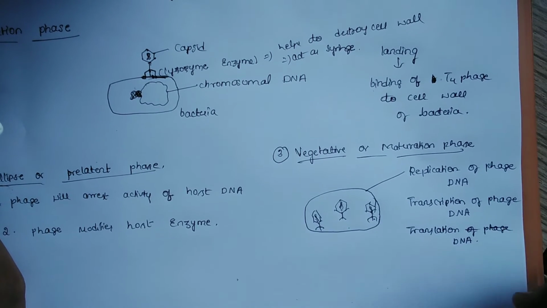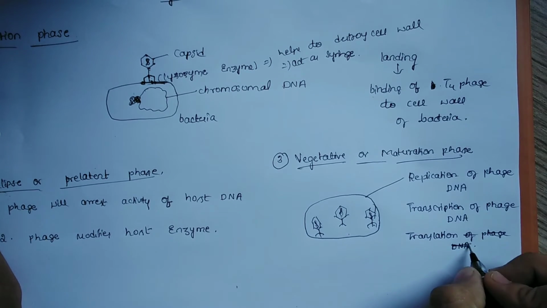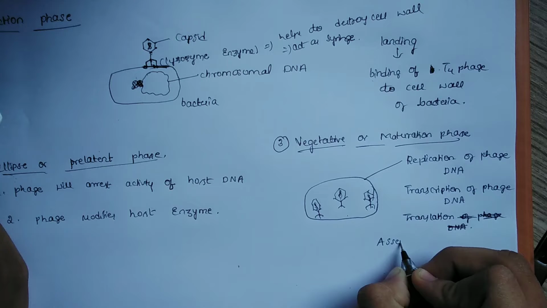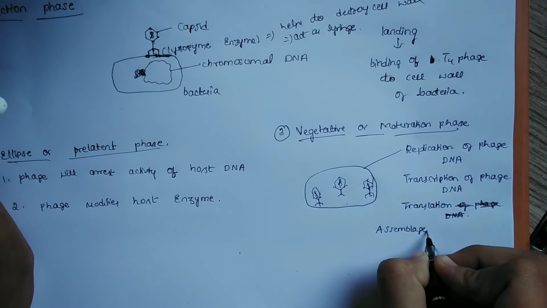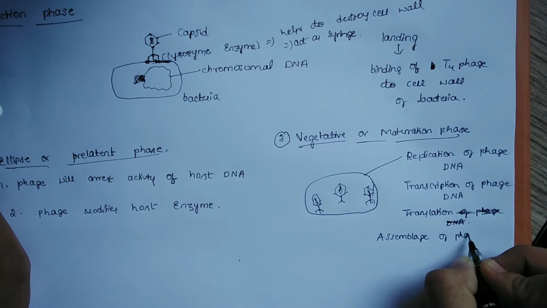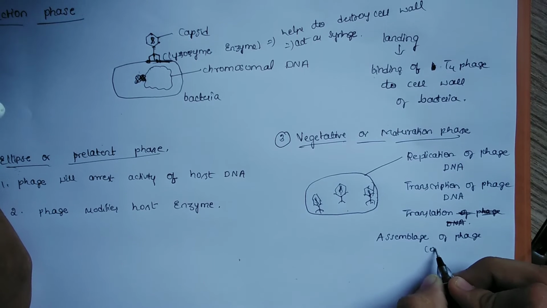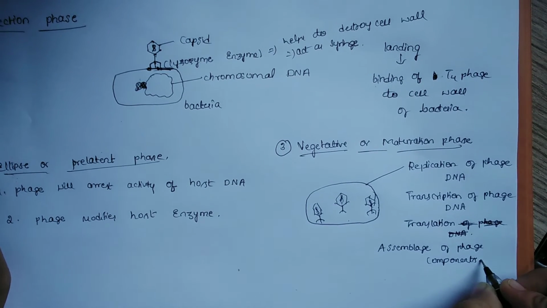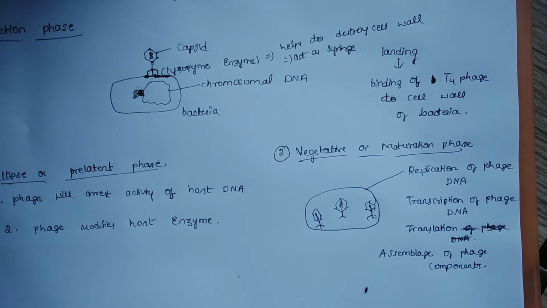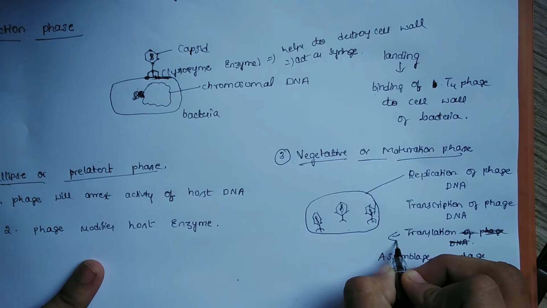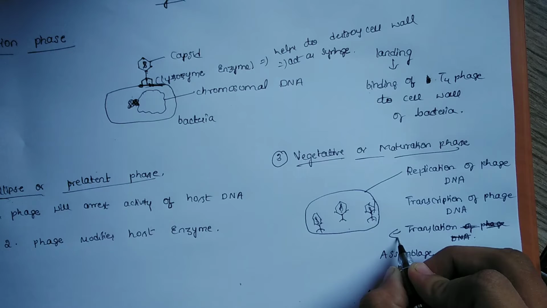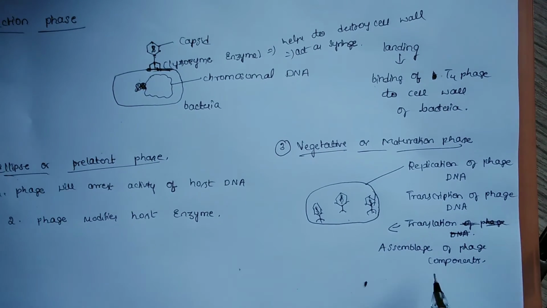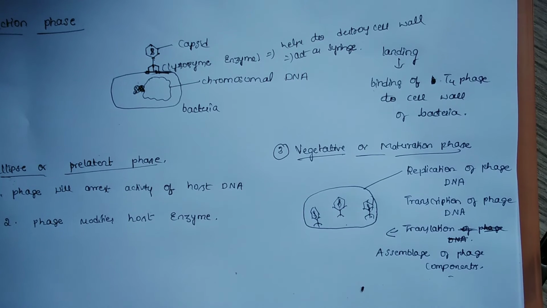Translation means the formation of copies of the protein. In this process, many copies of phage proteins are formed. And after that, assemblage of phage components takes place.